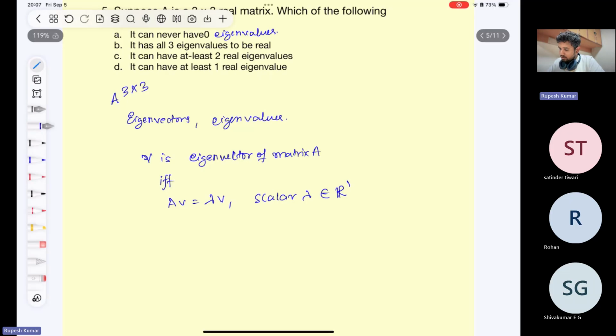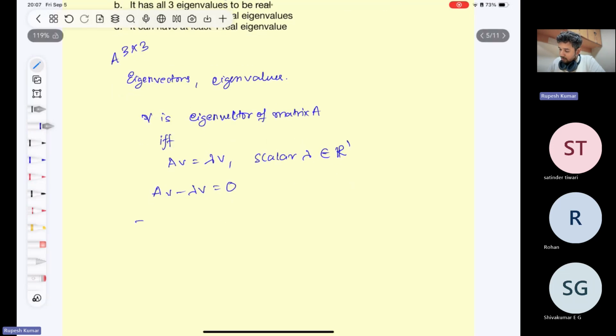Now, how to find the eigenvalues? It was covered in the lecture. AV minus lambda V equals 0. That implies AV minus lambda times the identity matrix I of the same dimensionality as A, so I belongs to R3 cross 3.